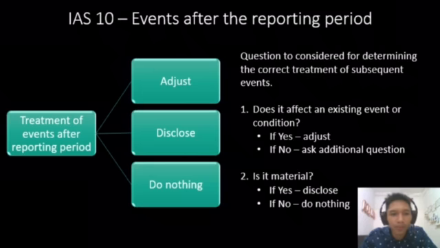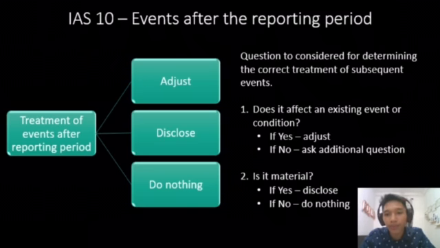Okay, now we go to the treatment of events after the reporting period. There are three treatments. First is adjust, second is disclose, and third is do nothing. To know the correct treatment of a subsequent event, there are some questions to consider. The first question is: does it affect an existing event or condition? If the answer is yes, we must adjust it in the P&L, balance sheet or OCI.